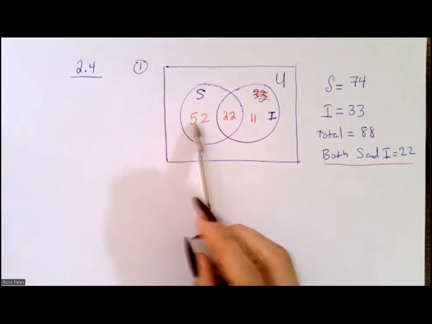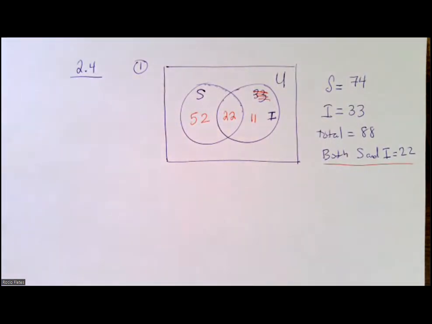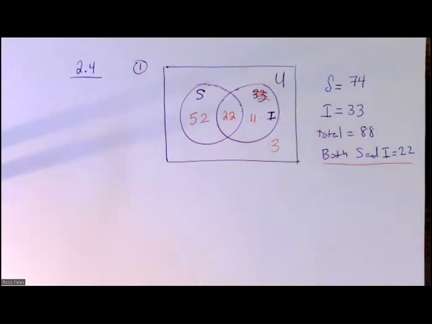And so we count 52, 22, and 11. That gives us 85. We know it's 88, so this must be 3, right?